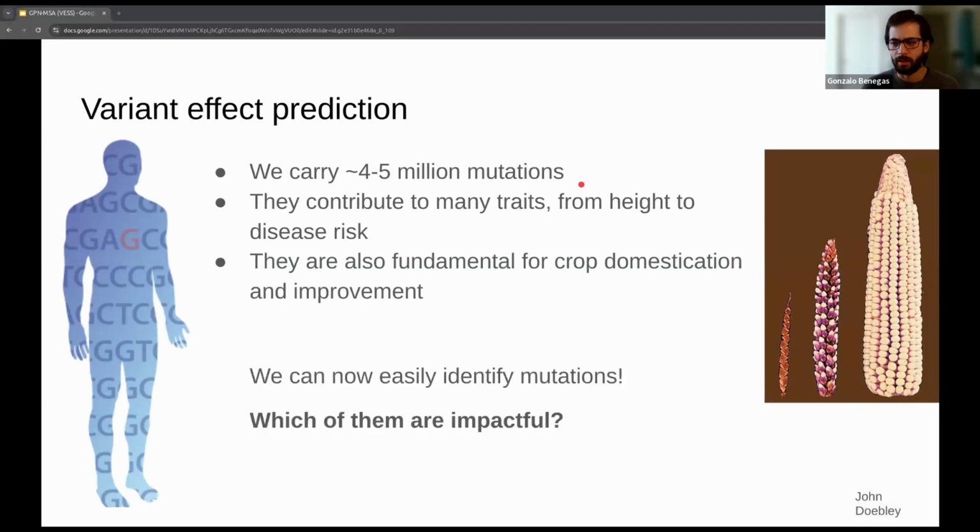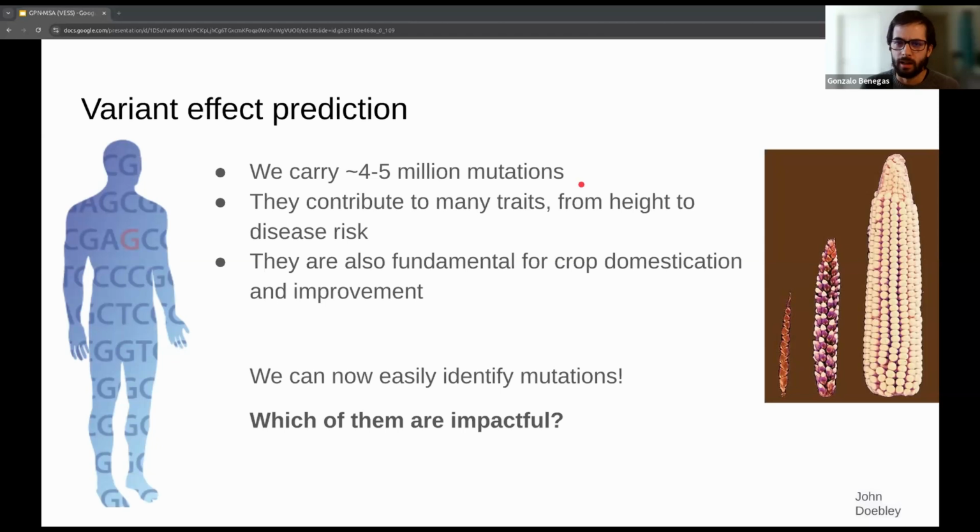Now, an amazing feat of our technology is the ability to identify mutations, basically call variants in a genome. But still, we are very far from understanding which of them are impactful, which is usually a few mutations in the millions.